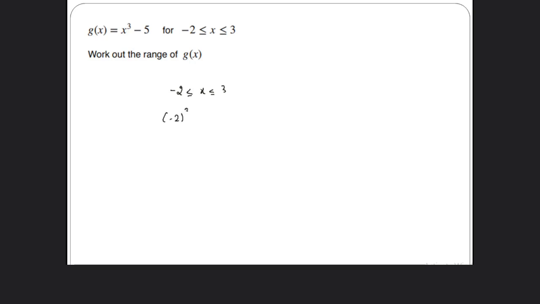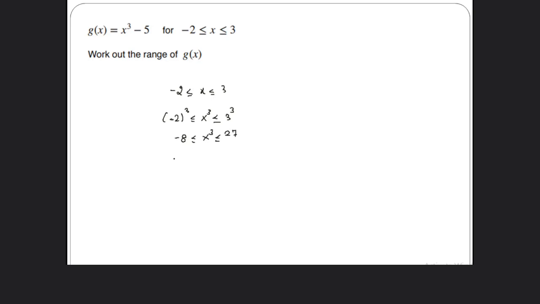Minus 2 less than or equal to x less than or equal to 3, raise to the power of 3. So x cube is between minus 2 cubed and 3 cubed. Minus 2 times minus 2 times minus 2 is minus 8. 3 3s are 9, 9 3s are 27.